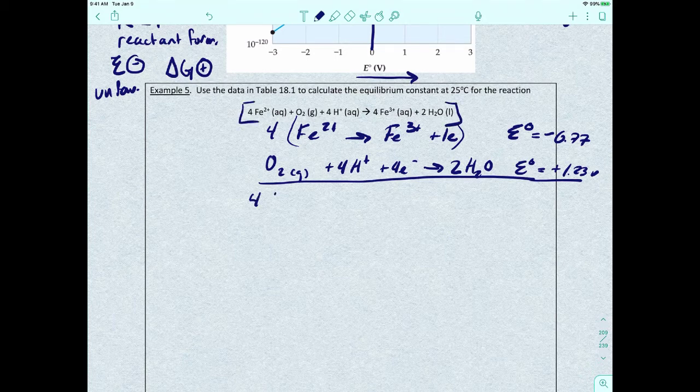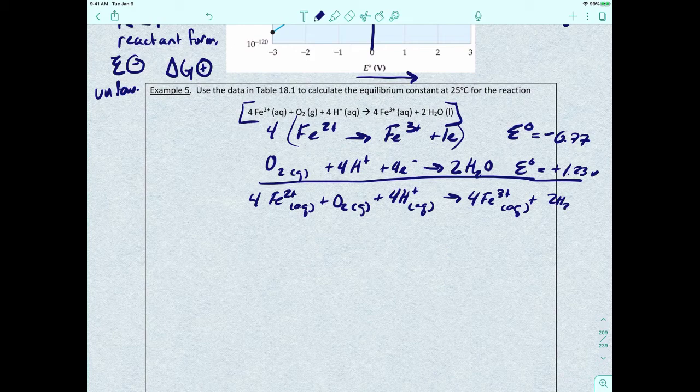So that should be 4 moles of Fe2+, O2, plus 4 moles of H+ yields 4 moles of Fe3+ plus 2 moles of water. And if we add up the cell potentials, the cell potential should be 0.46 volts for this reaction.